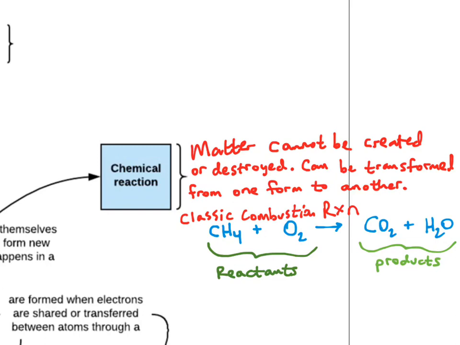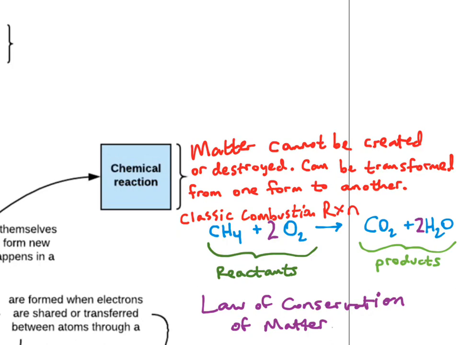We've got to look to see how many carbons, hydrogens, and oxygens we have on the left and make sure that they have the same amount on the right. The reason why we need to put a coefficient of 2 in front of this O2 and a 2 in front of the H2O is so that the amount of C, the amount of H, and the amount of O is always the same. If that didn't happen, then we would be violating the law of conservation of matter.